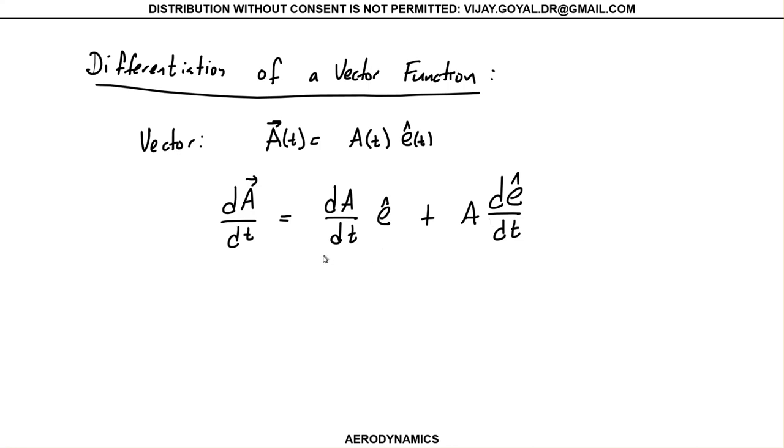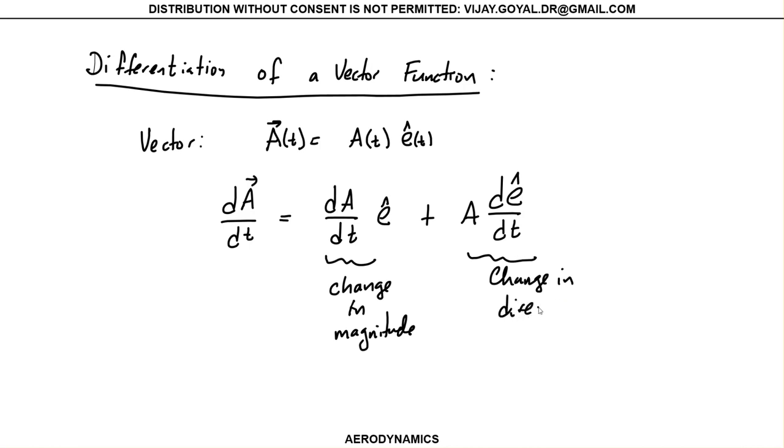This term right here represents the change in magnitude. This represents the change in direction. So basically each one of these terms has its own representation, right?